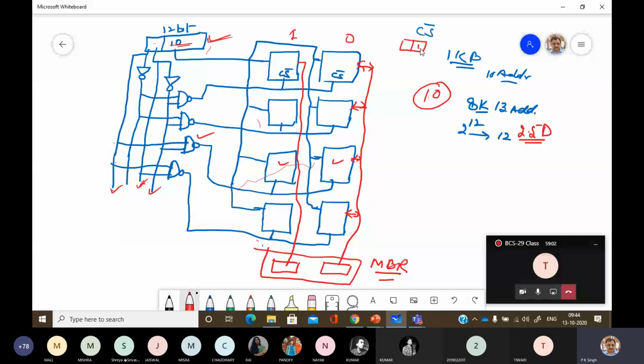One byte is written in this bank and another byte is written in this bank. You can read from both. To read that integer, you have to read from this bank as well as this bank. Now see how we facilitate this.